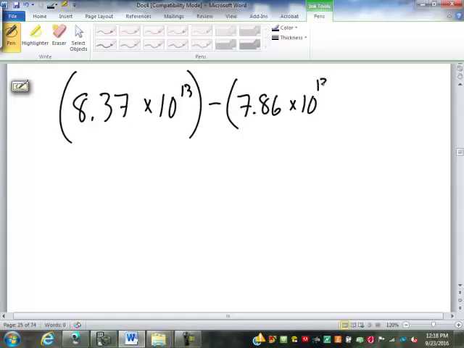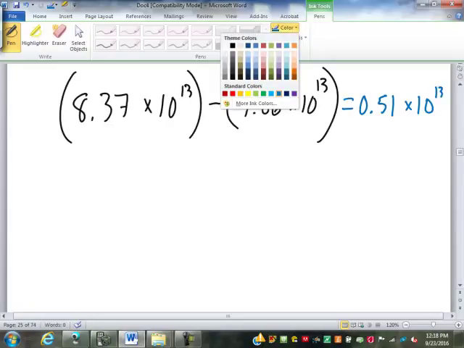Now this has to have the same name, so I'm going to give it 10 to the 13th as well, because when I add or subtract, I can only combine things that have the same name. So I'll subtract 8.37 minus 7.86, which is 0.51, times 10 to the what power? 13th. When I add or subtract, I keep the same name. So that's going to stay 13.